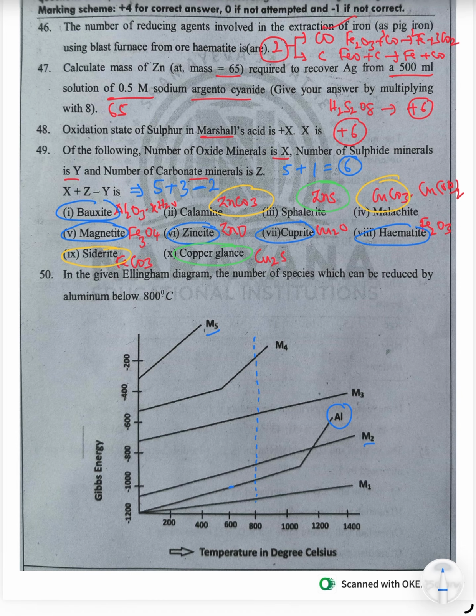So generally the metal lower in the diagram reduces the metal oxides above it. So all these 4 can be reduced by aluminium. So the answer is 4. Below 800 is said, no? So the answer is 4.